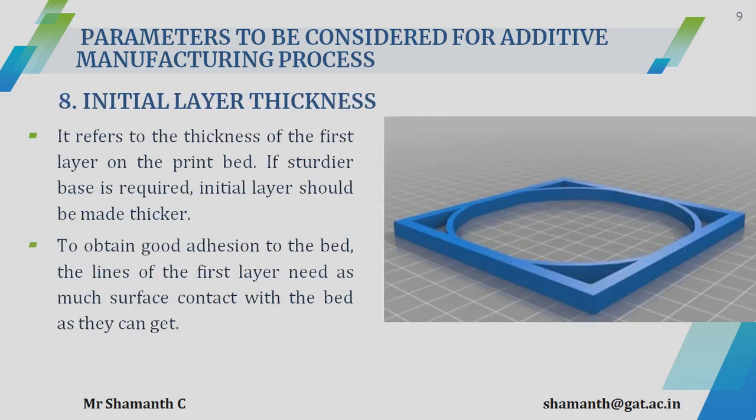The final parameter you need to understand is initial layer thickness. We have seen enough parameters, and this initial layer thickness refers to the thickness of the first layer on the print bed. After slicing, you transfer the model to the machine and then you set all the parameters, and while giving the first layer thickness, you need to give a larger thickness.